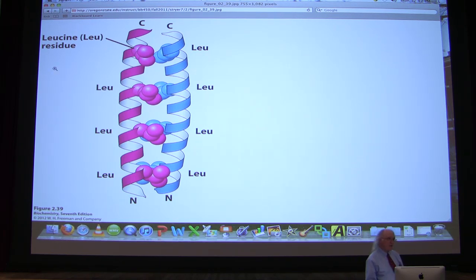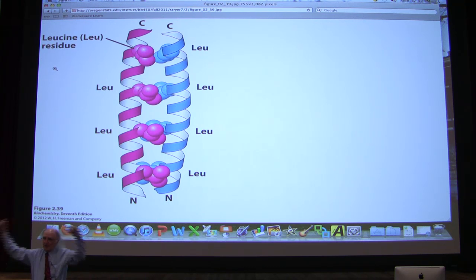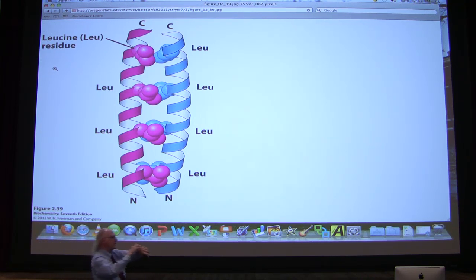Now, the structure that you see on the screen actually is not a secondary structure. The alpha helix is a secondary structure, but now we're starting to see what we refer to as tertiary or quaternary structure. In this case, if it's in the same protein, it's tertiary structure. Now, I'm going to show you some other examples of that in a second. But when we see different regions of proteins that are not close to each other interacting, we see what we call tertiary structure.